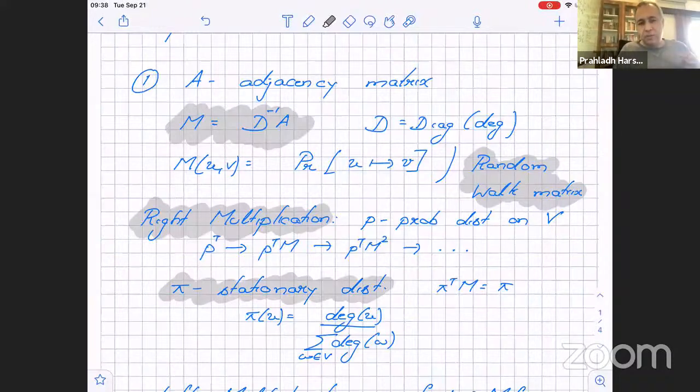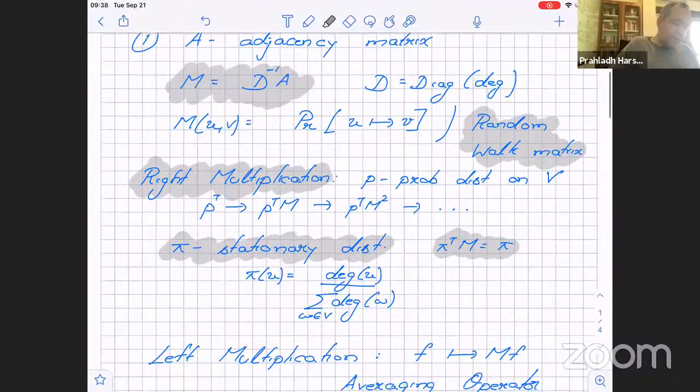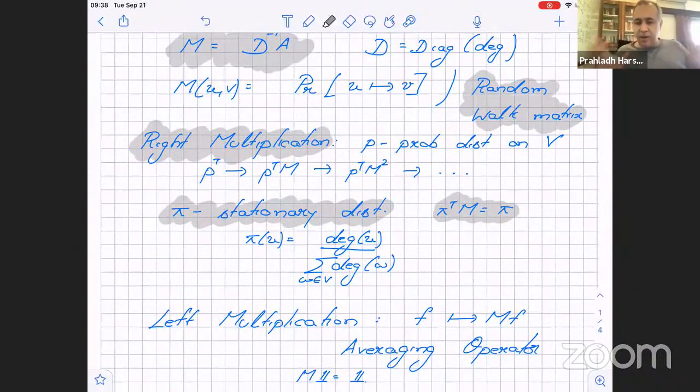In particular, it has the property pi transpose M equals pi. This is what right multiplication gave us. By the way, this is just a recap of last lecture, so do stop me if you have any questions. I'm just going over a quick survey of everything we did. So this is right multiplication.